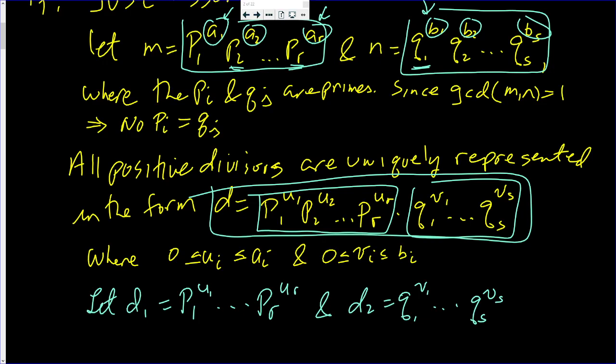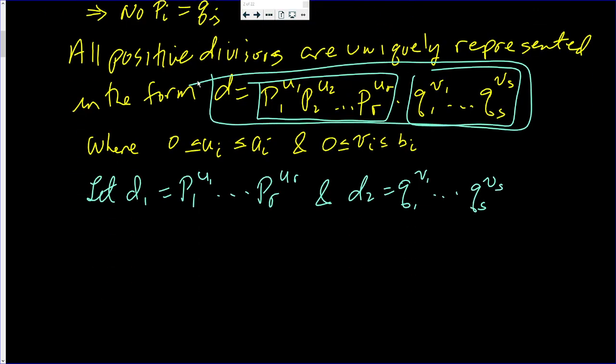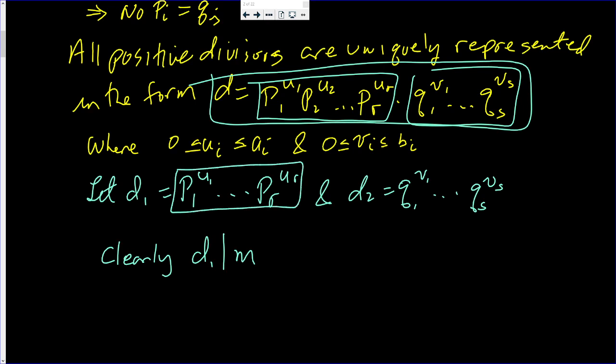Now, clearly D1 divides m because D1 just has smaller powers. Let's put real numbers in. Say you have the first prime to the third power, the second prime to the fifth power, the third prime to the fourth power, and say just 4 primes, and the fourth prime to the third power.